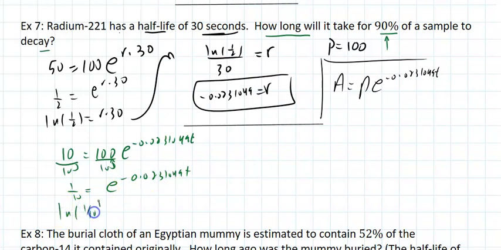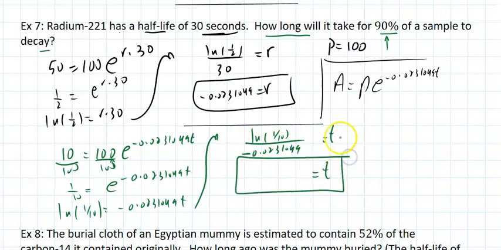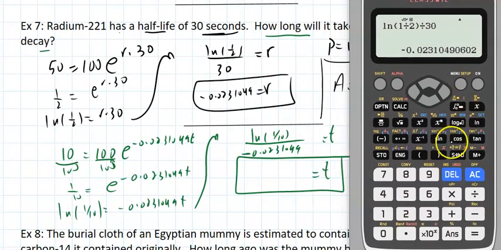Natural log of 1 over 10 equals negative 0.0231049 t, and t would be natural log of 1 divided by 10, over negative 0.0231049. For this radium-221, for any substance present, remember, that denominator is still in my calculator, under answer.